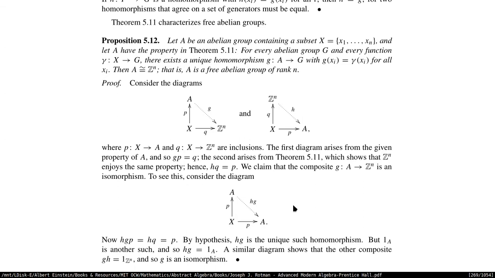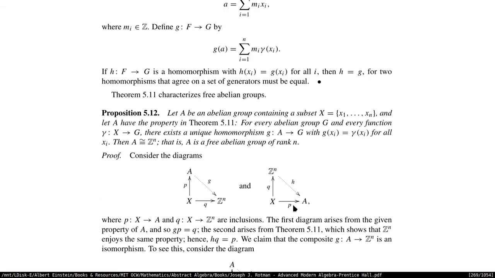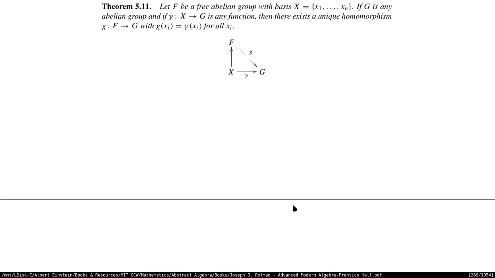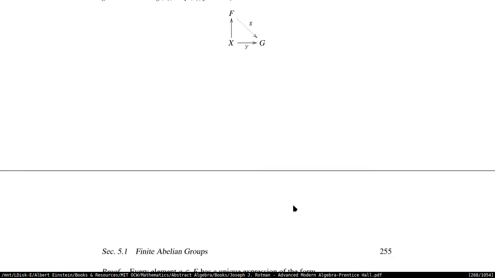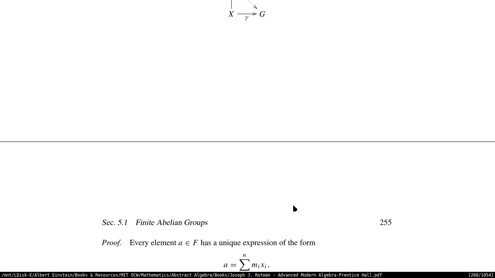Okay, yeah. So this sets up the foundation for how to treat abelian groups with a basis, right? And how homomorphisms there kind of act like linear transformations in a vector space, right?